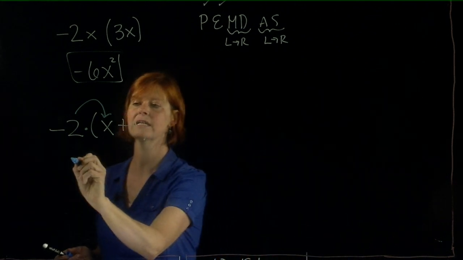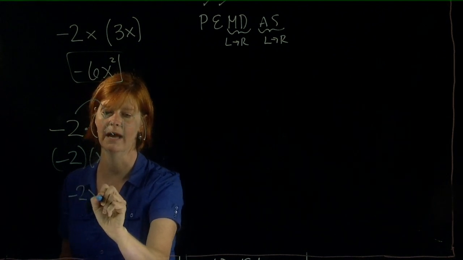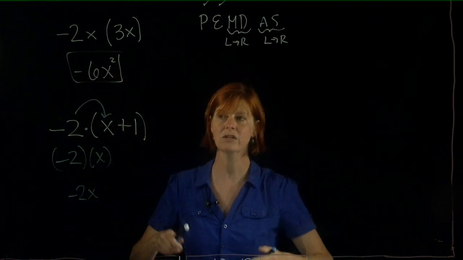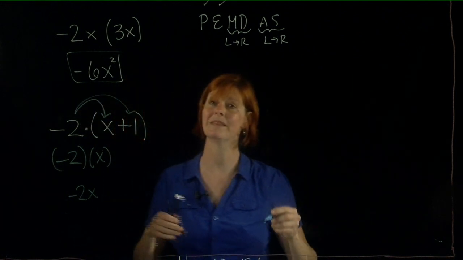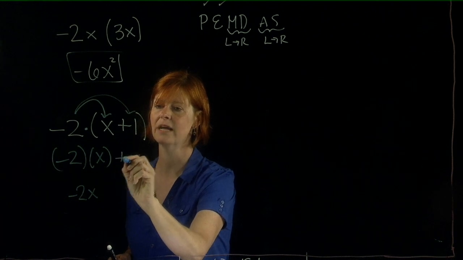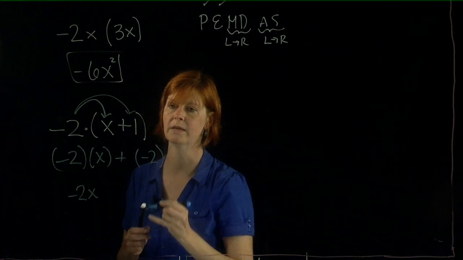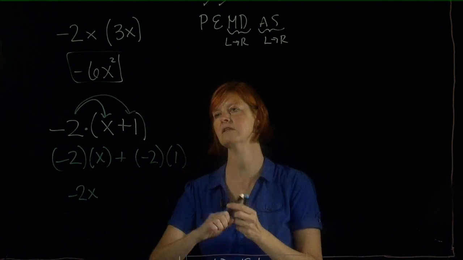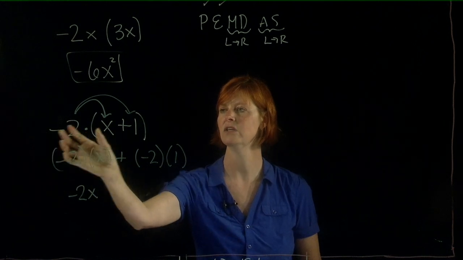So here we go. I'm handing it out. Negative 2 times x is negative 2x. And now you need to distribute that negative 2 again, but this time to the positive 1. So I'm going to put it as plus negative 2 times 1. Do you see that? This looks a little confusing, but always use a plus, then glue that sign to the 2.